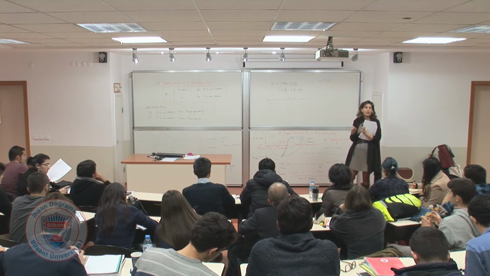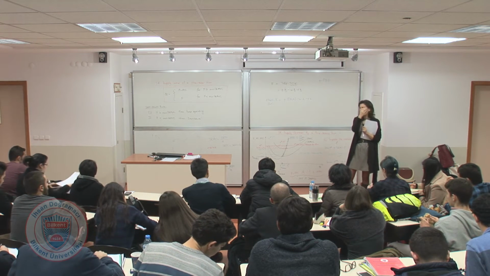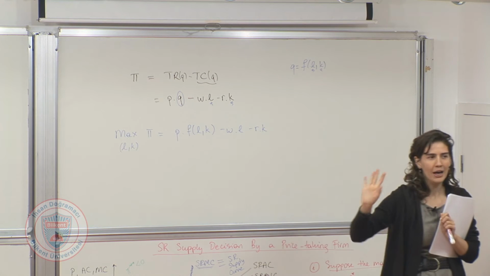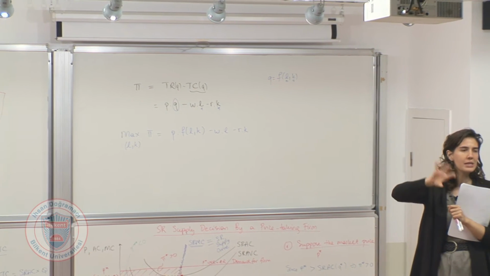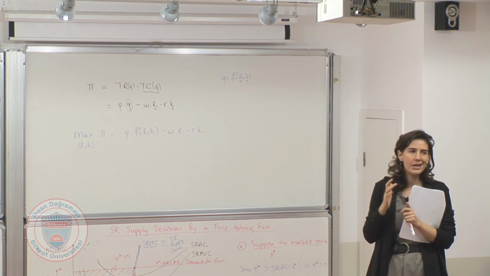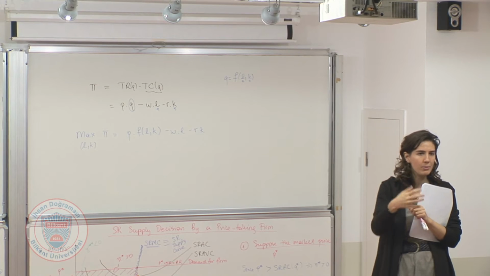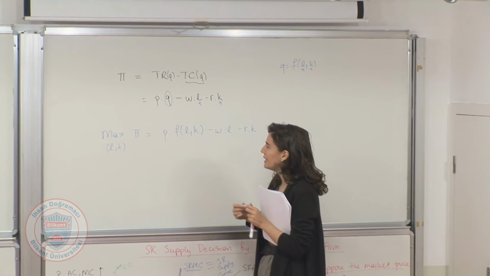Is this for the short run or the long run? This is for the long run, right? So this is where we're going to get the supply curve, okay? Then I would keep my promise. We would understand both the short run supply curve and the long run supply curve. And in our next class, we're going to bring demand and supply together to determine the price in a market.